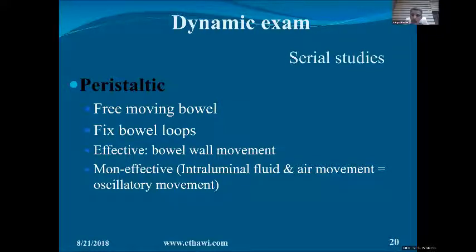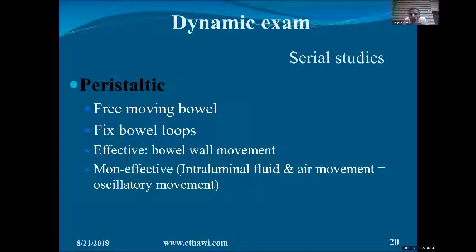Peristalsis, we've talked about it. How we see the peristalsis, you see three things. First, you see wormy movement with bowel content and bowel wall. Second, peristaltic movement with only the content moving, not the bowel wall, and that's what we call oscillation.